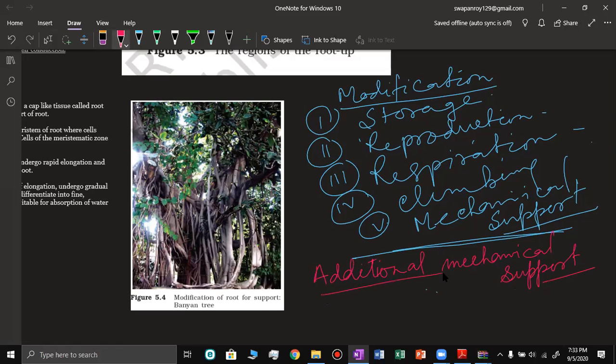For the additional mechanical support, there is a root called prop root.